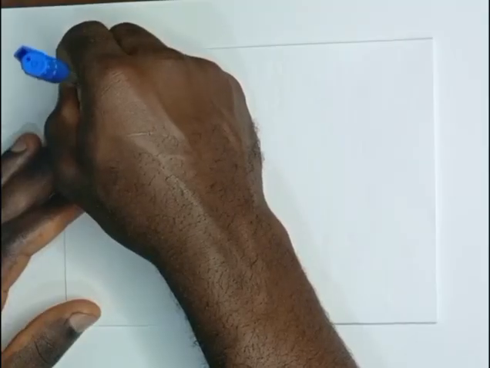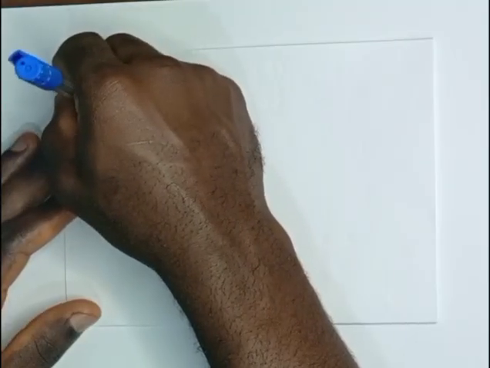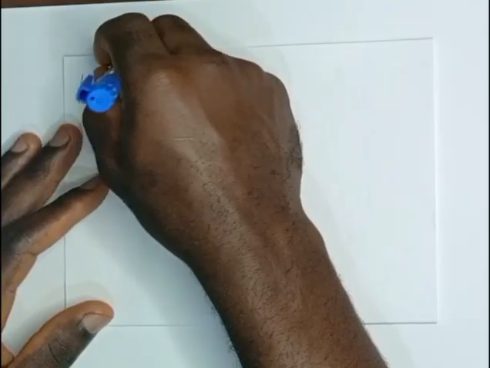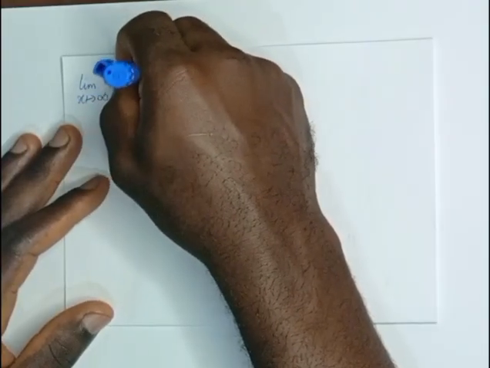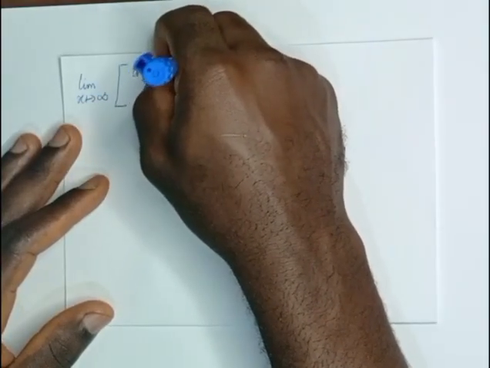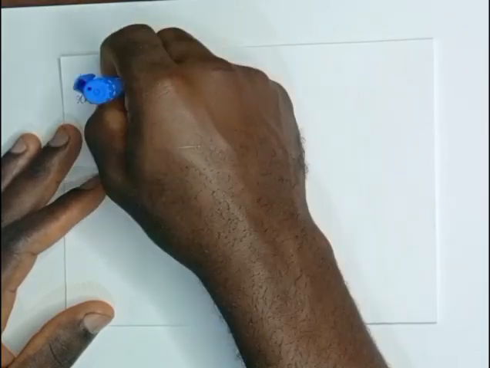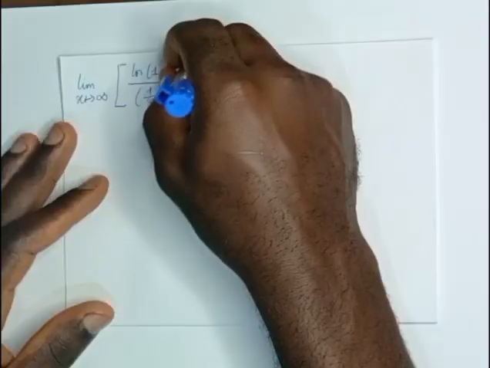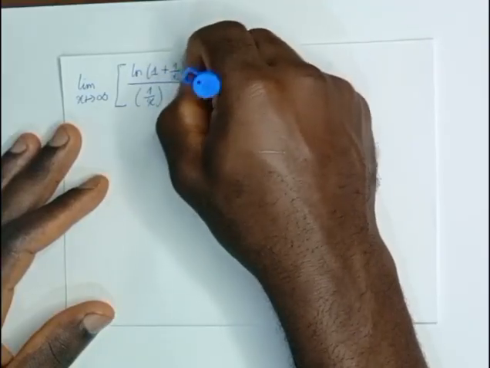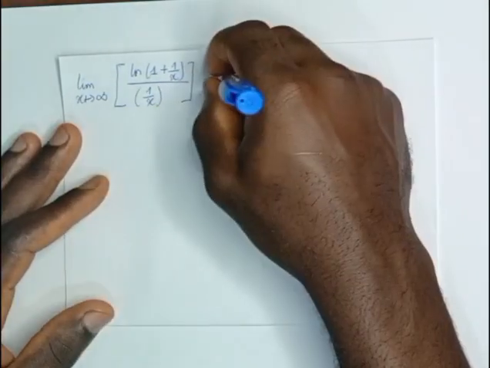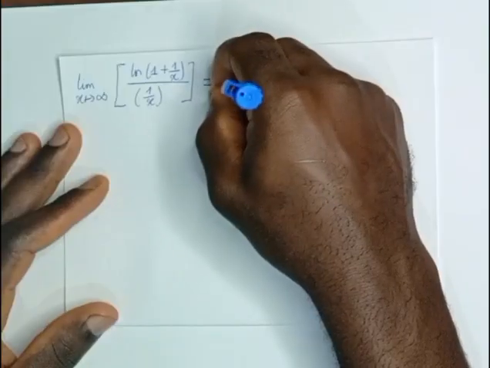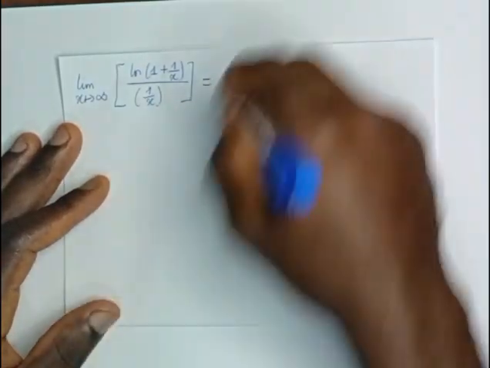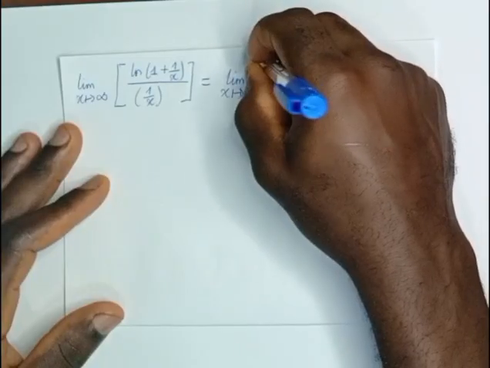The limit as x tends to infinity of ln 1 plus 1 over x all over 1 all over x will simply be equal to the limit as x tends to infinity of the derivative of the numerator.